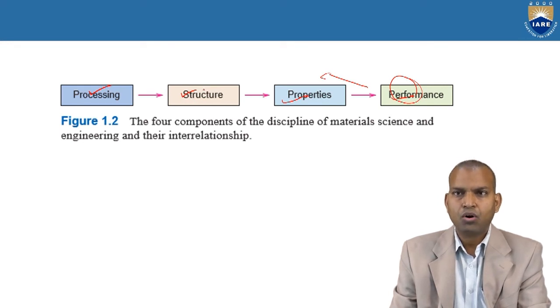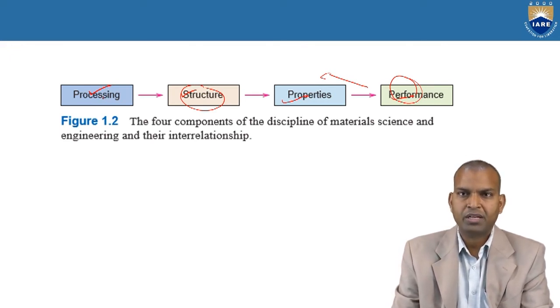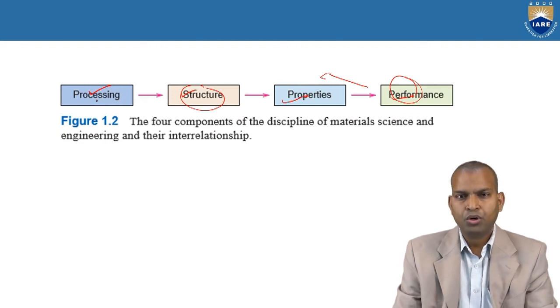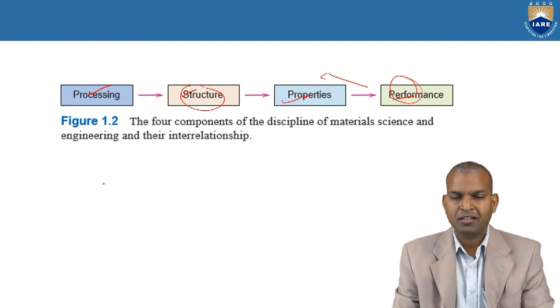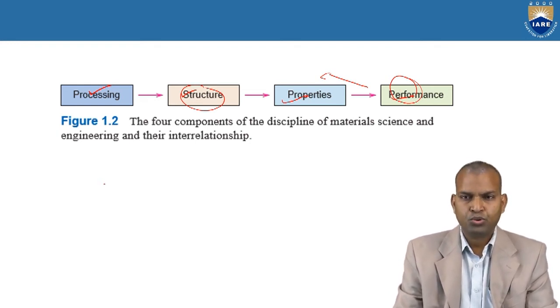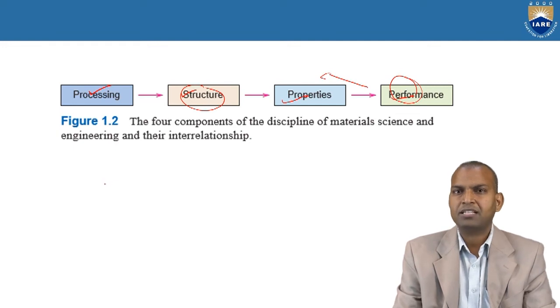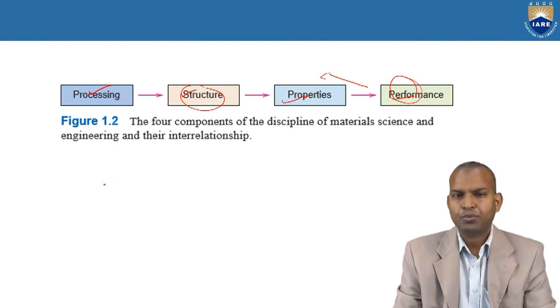If you want to study only structure, it includes processing. If you do research only in processing, it doesn't include any other component. So whenever we study the performance of materials, it includes the remaining three components: processing, structure, and properties.